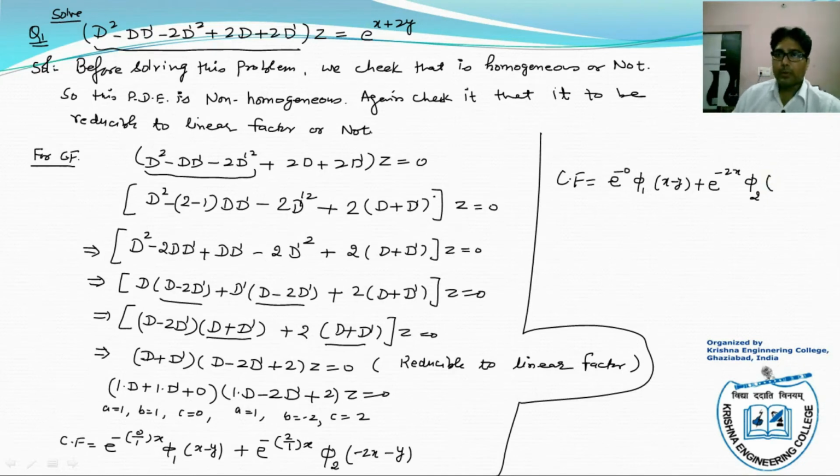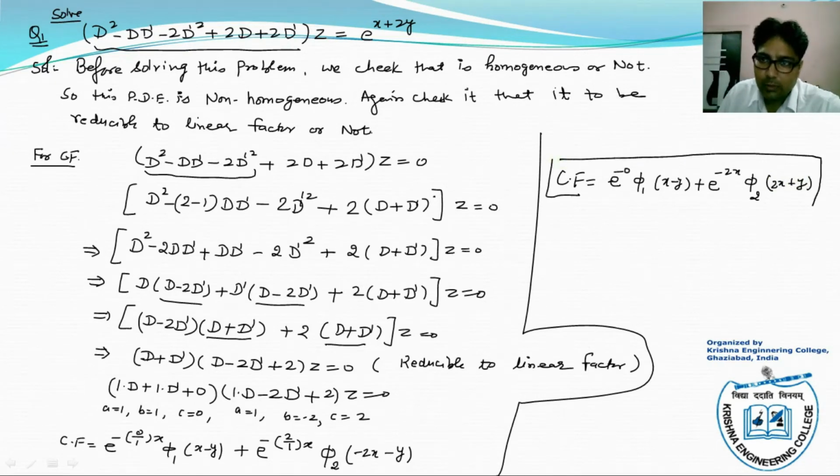We take this arbitrary function as the even function, so this becomes 2x plus y. This is the required CF for this equation. Now find the PI of this function on the next page.